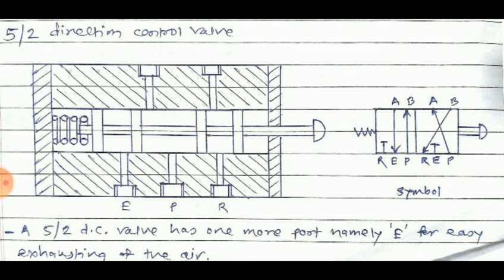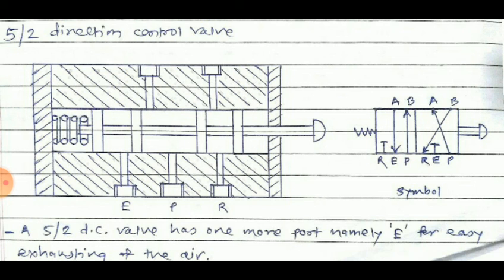Then 5x2 direction control valve. You can see the ports E, P, R. So the 5x2 DC valve has one more port, namely E, for easy exhausting of the air. It is added.